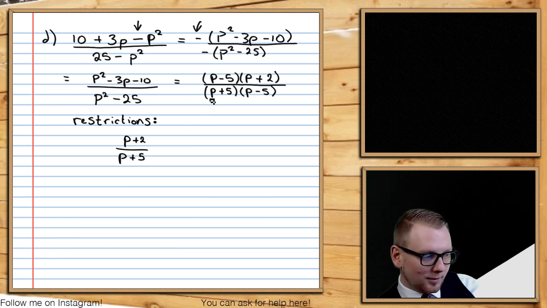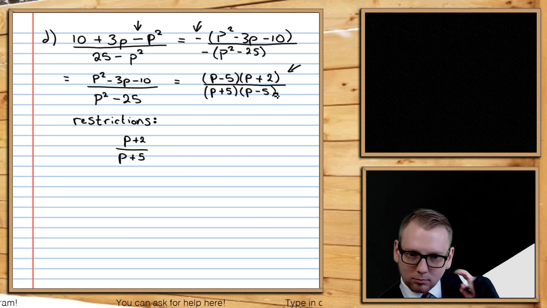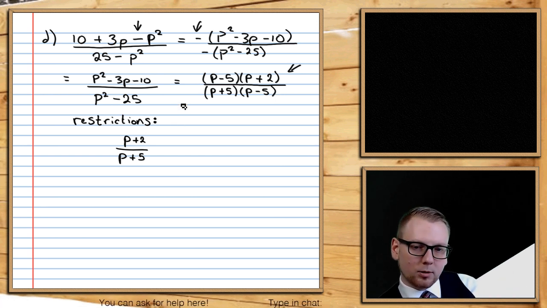Well, if p is equal to minus 5, that's right. P is equal to 5, that's right. What about minus 2? The minus 2 doesn't matter, because it would just be 0 on the top, and then the bottom is just a number, so we'd still get 0. So remember, it's only the denominator that you have to worry about for the restrictions.